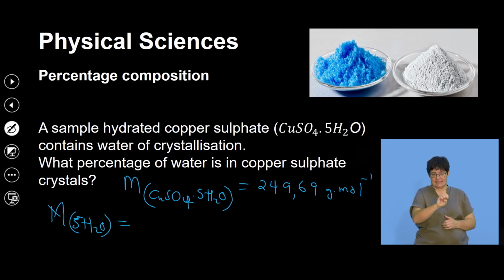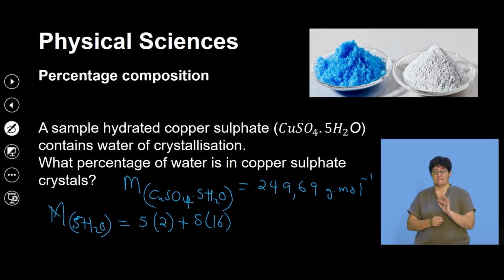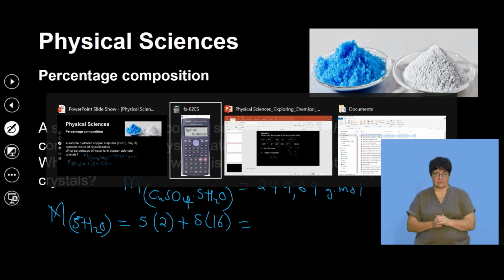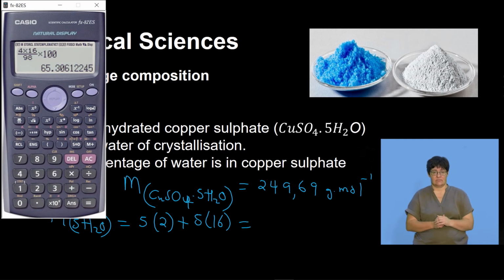In this case, what do we have? We've got 5 times 2, plus 5 multiplied by 16. Then what does that give us? 5 multiplied by 2 is 10, plus the product of 5 and 16.